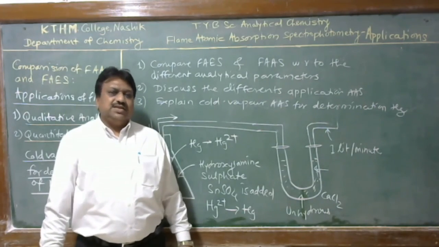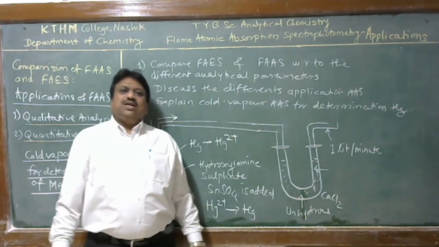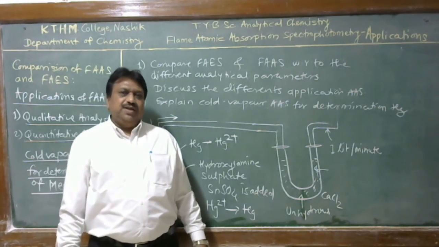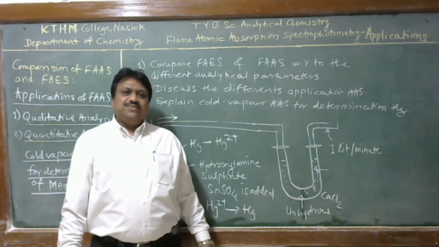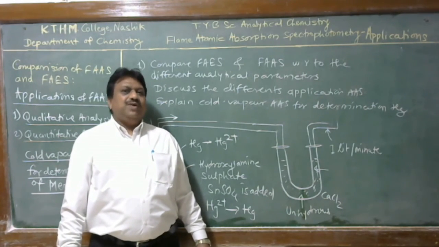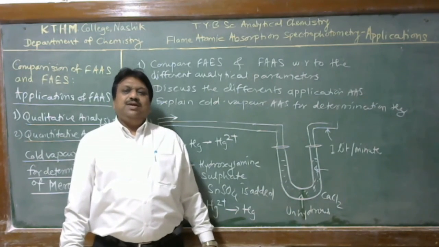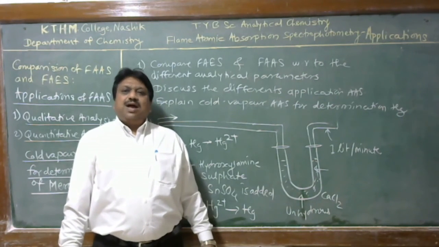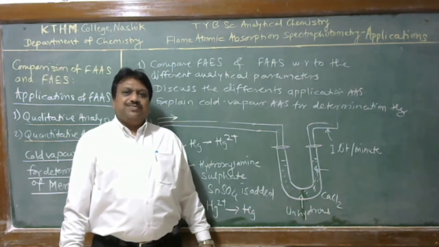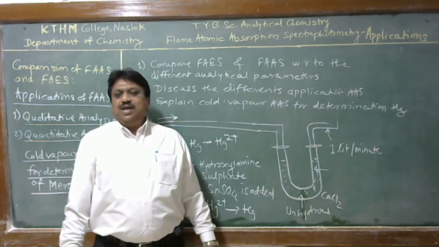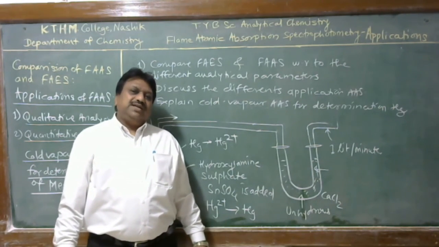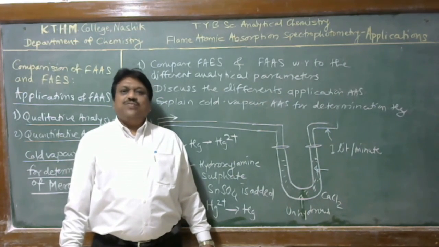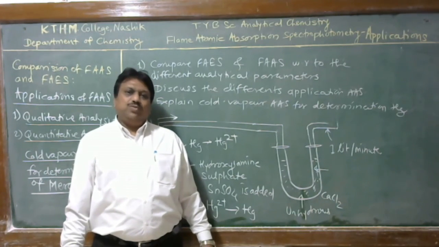Student, with this we complete the total method of flame atomic absorption spectroscopy. Under this study we discuss first the principle of atomic absorption spectroscopy, instrumentation of atomic absorption spectroscopy and working of atomic absorption spectrophotometry. After that we discuss the different types of interference and different applications of atomic absorption spectrophotometry.